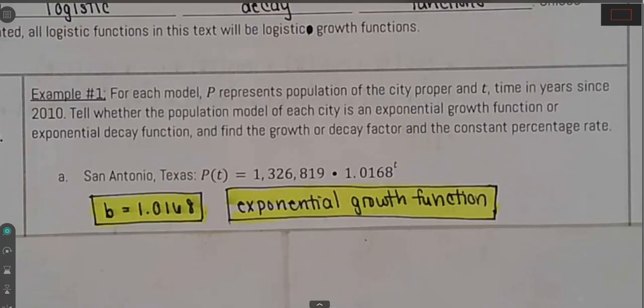All right, the next thing they're asking for is the constant percentage rate. Let's imagine that you went shopping and you bought a t-shirt. And then later you decided you wanted to buy a second t-shirt, so you went back to the same store, but you discovered that the price had been increased by 20%.